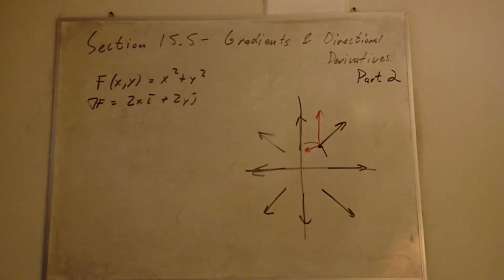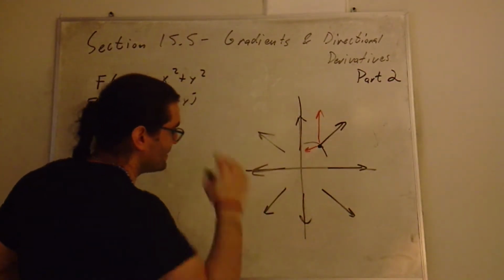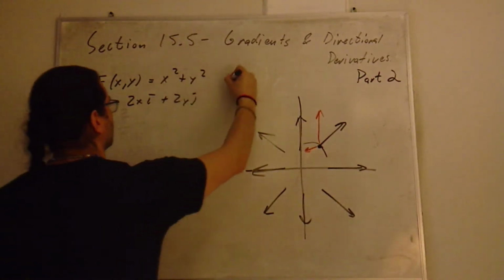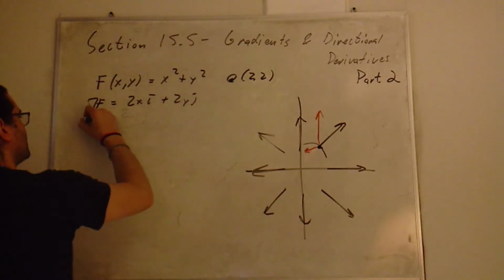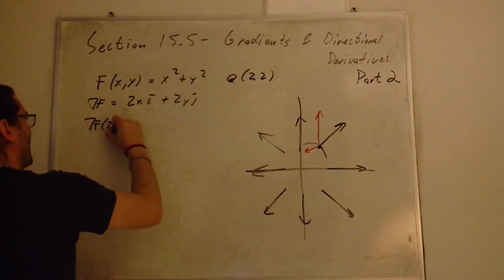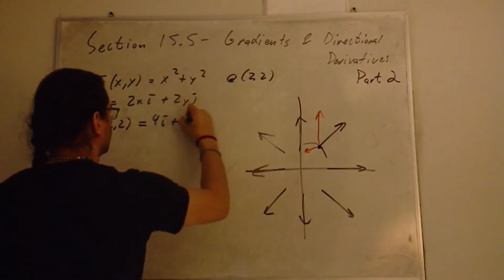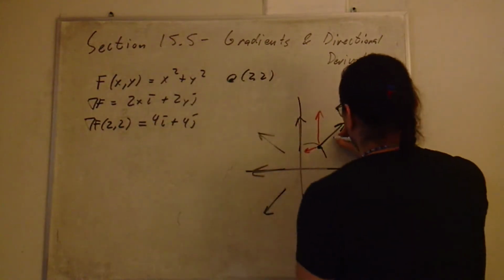So the point I have chosen here, let's say that point is (2, 2). So we're at (2, 2). The gradient of f at (2, 2) is 4i + 4j. So I know about this vector.